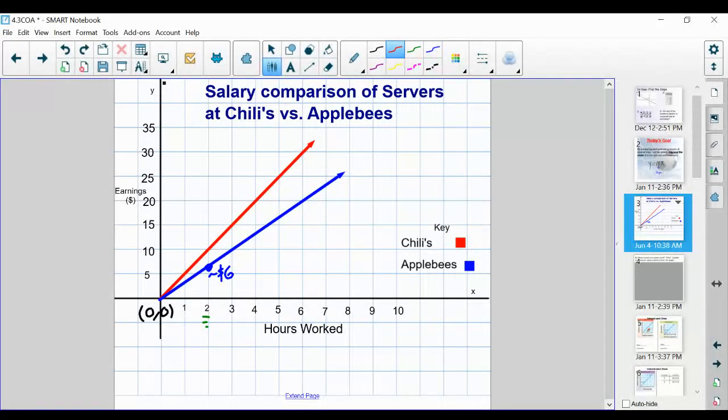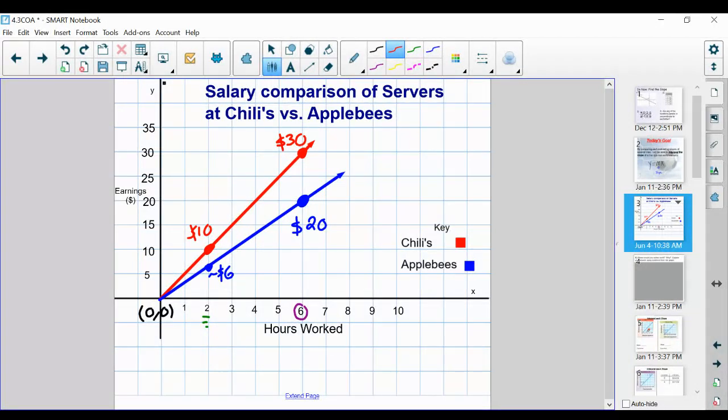What about Chili's? If we look at 2 hours, we'll see we earn $10 for those 2 hours. We also spoke about 6 hours. Let's look at 6 hours worked. If we interpret our graph here, at 6 hours, Applebee's pays you $20, and Chili's gives you $30.